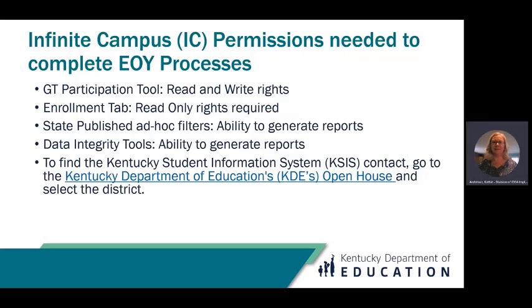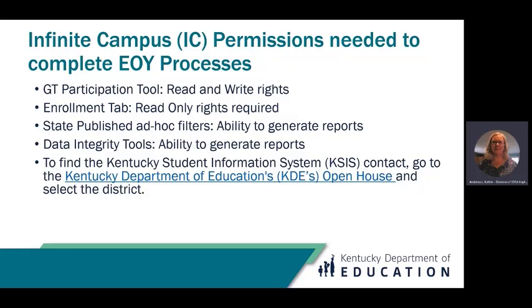So here are the tools that you'll need. The GT Participation Tool. This is where the GT record is created and stored. Also the Enrollment tab, which is just what it means. It shows you the enrollments where students have been. You need read-only rights for that. Then you'll definitely need the state-published ad hoc filters, because these give you the ability to generate reports that you'll need to clean up your data.